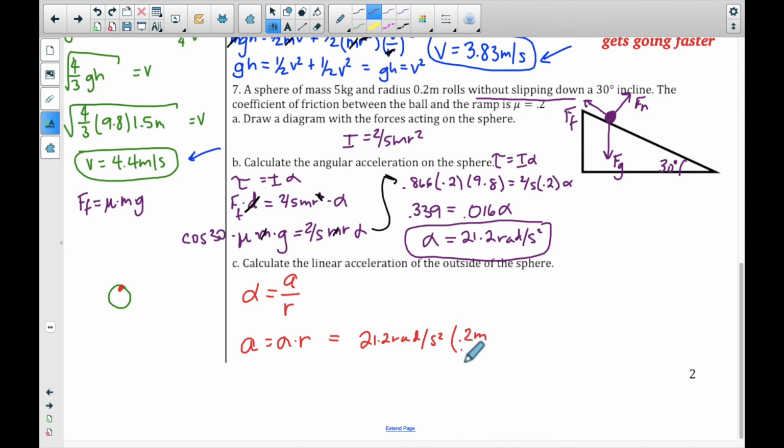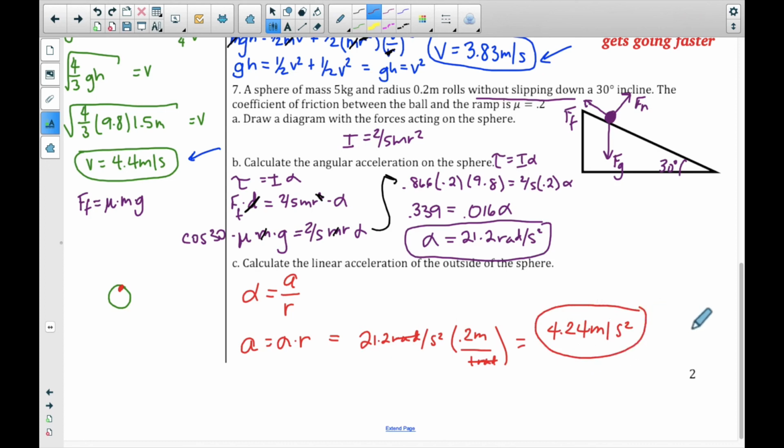And if you wanted to say that's per 1 radian, to help you think about that conversion, that's our radius. And so now we just multiply this out. Our radians cancel with each other and leave us with meters per second squared. We just have to put that into our calculator, and we get 4.24 meters per second squared.